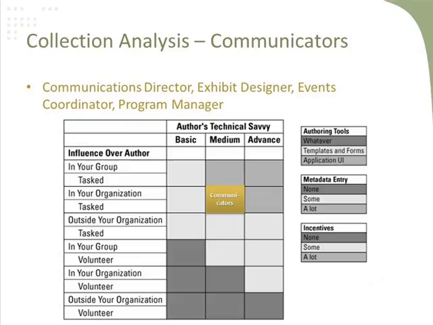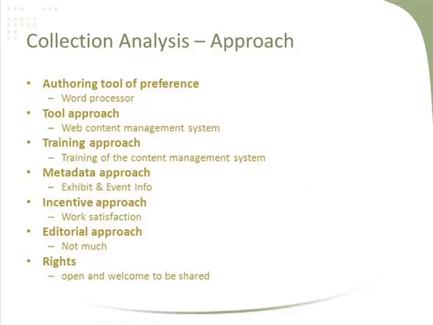They are at a medium level of technical savvy, and they are in our Burke Museum but outside of our computing department. So, how could we get the information from the authors to our system?